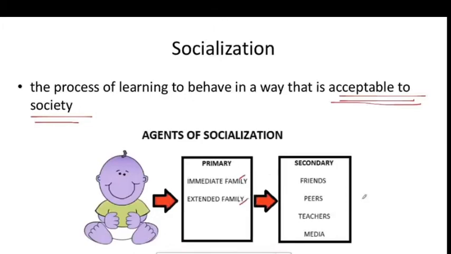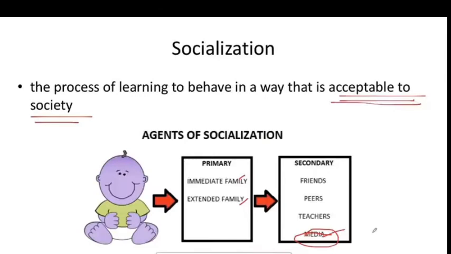Even your extended family can become a primary source or primary agent of socialization. Then, secondary agent of socialization, you have friends, peers, teachers, and even media. Okay, so as parents, it's very important for you to check the social media activities of your child. Okay, so dapat tinitingnan nyo din kung anong yung mga pinapanood nila sa social media.